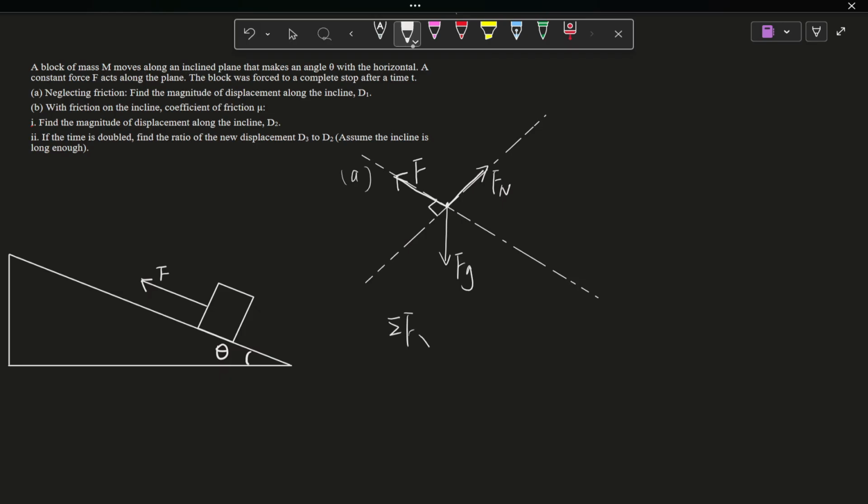Net force Fx is equal to F, the bigger force always comes first because it is moving along the incline, right? F minus Fg, this is theta by the way, Fg times sine theta. It is equal to ma.